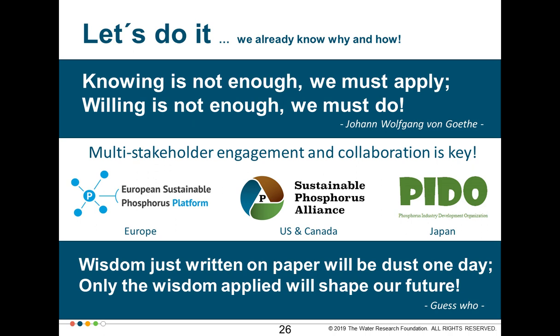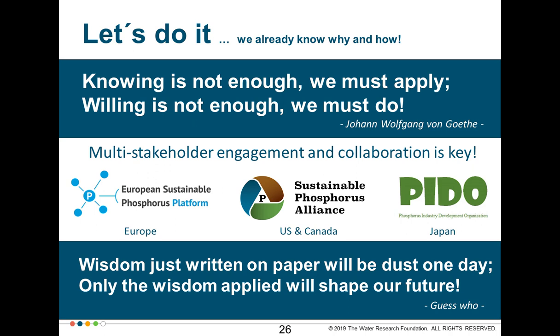Here are just three examples of the three hotspot regions: the European Sustainable Phosphorus Platform, the Sustainable Phosphorus Alliance in America, and the Phosphorus Industry Development Organization in Japan. Three good examples of how stakeholders can be brought together and initiate a collaboration to achieve implementation and replication.